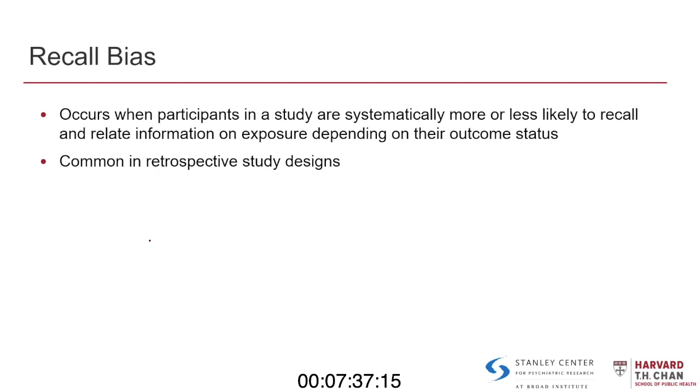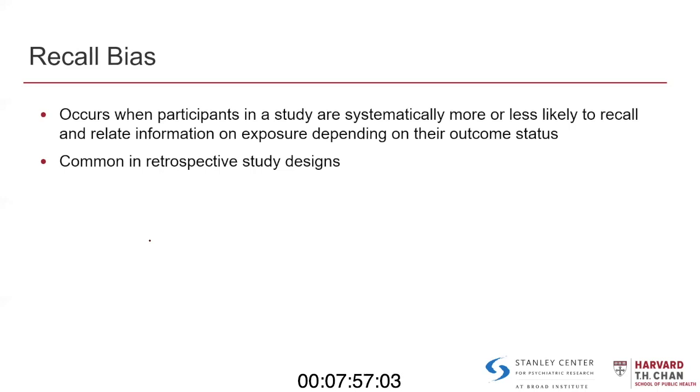The recall bias, or oftentimes called reporting bias, is a type of information bias that occurs due to differences in the accuracy of recall between cases and controls, or a differential reporting of health outcome between exposed and unexposed individuals.